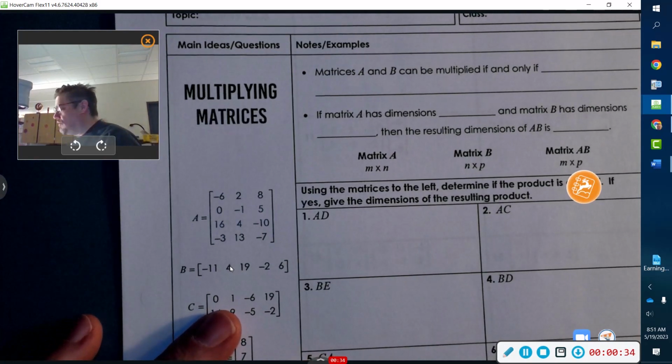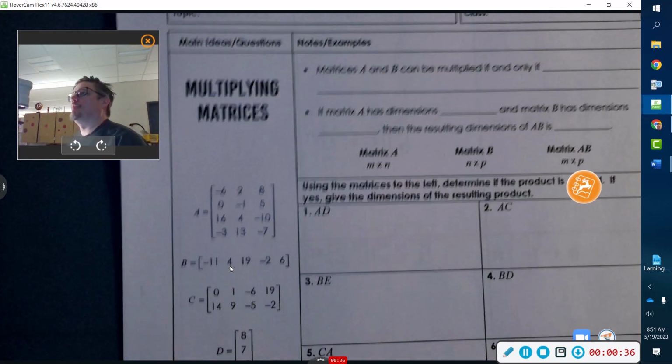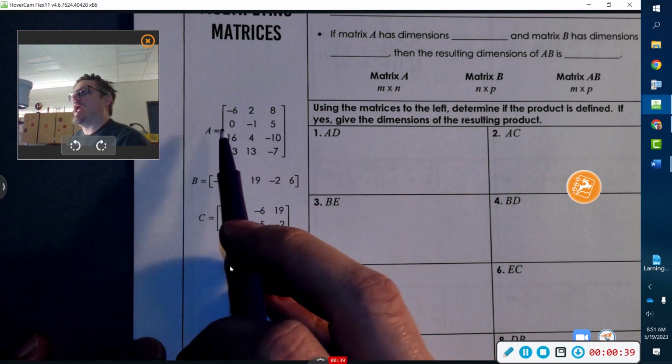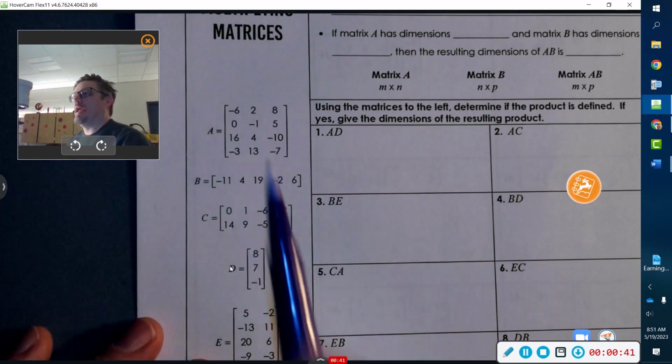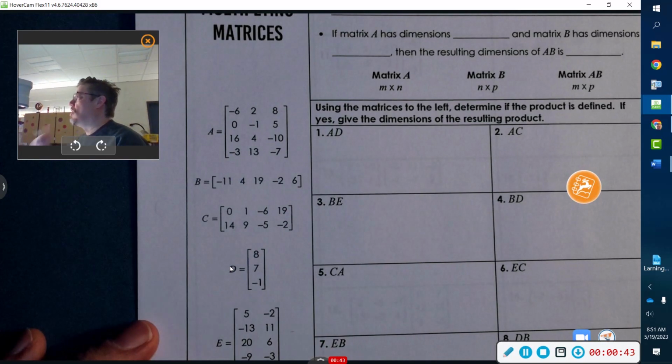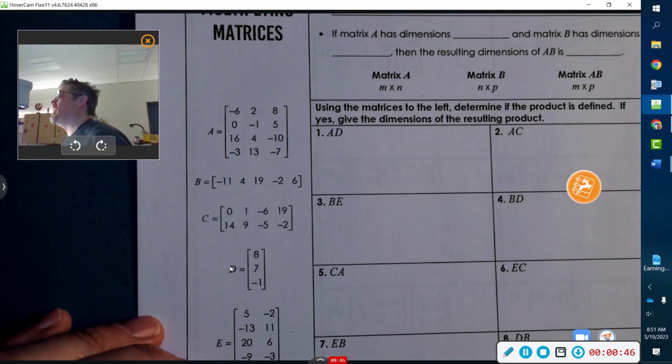What we're going to do is learn how to multiply matrices so that I can do A times B or A times E, whatever, as long as it's possible. Sometimes they're not possible.